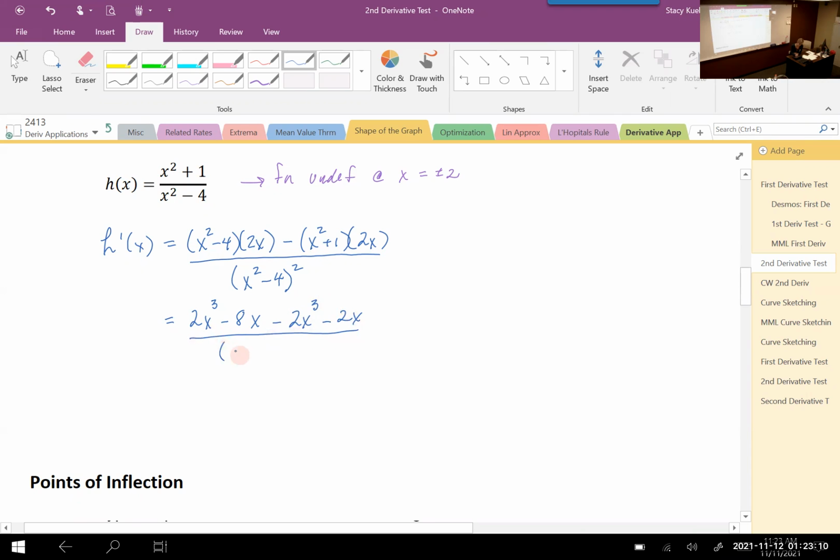All right. X squared minus 4 squared in the denominator. So I end up with just negative 10x over x squared minus 4 squared. That's the first derivative.